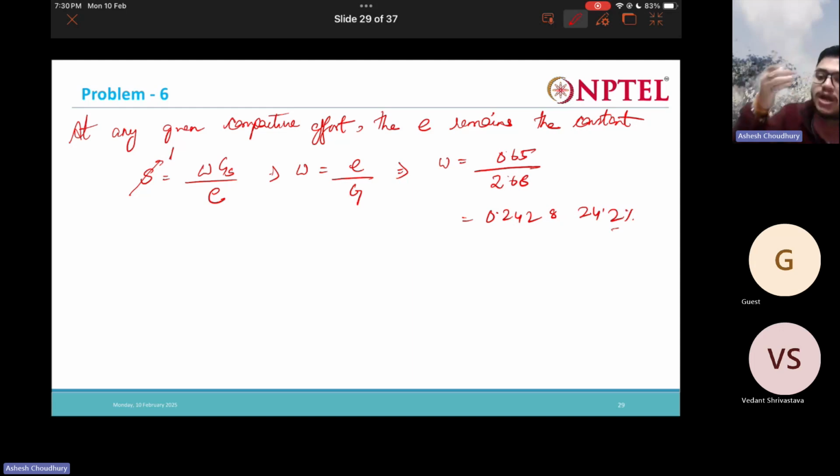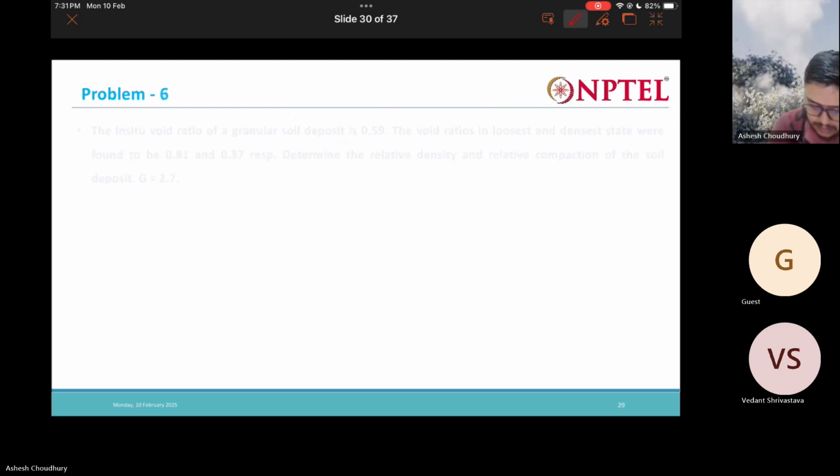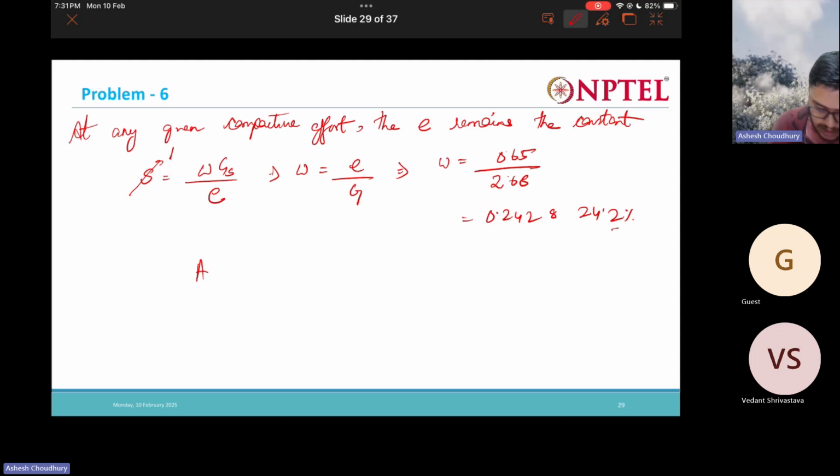to achieve the full saturation. Okay, so understood, right? So additionally, 11.2% water we need to put.